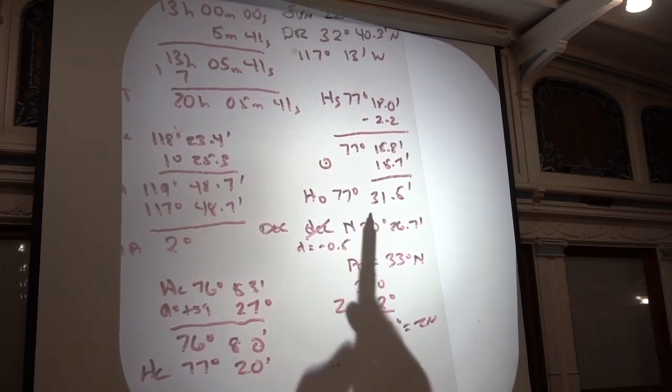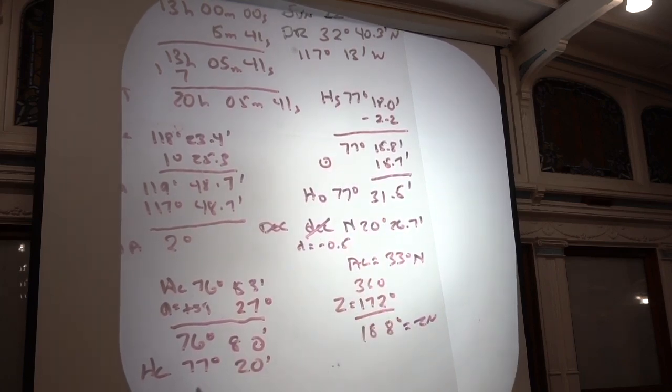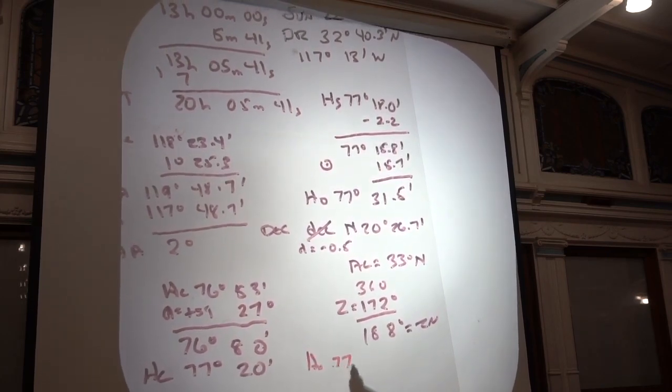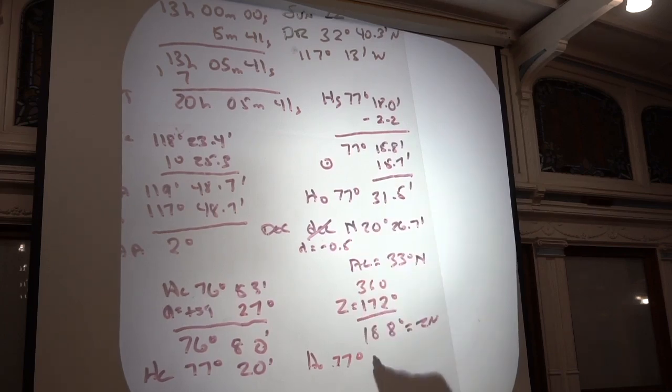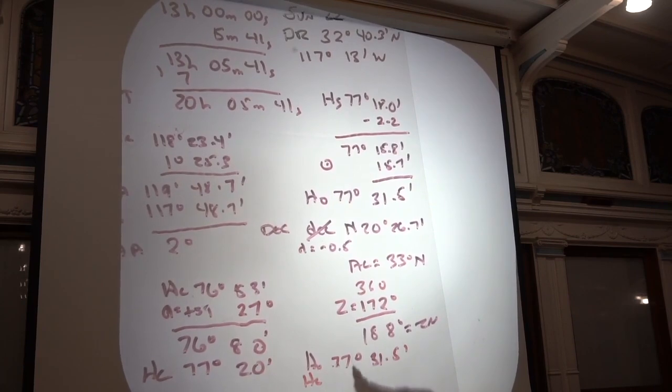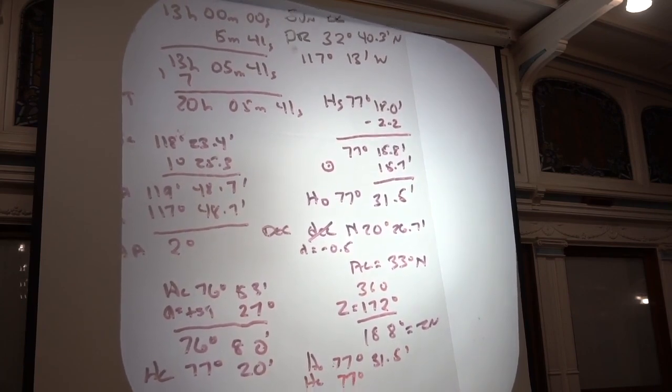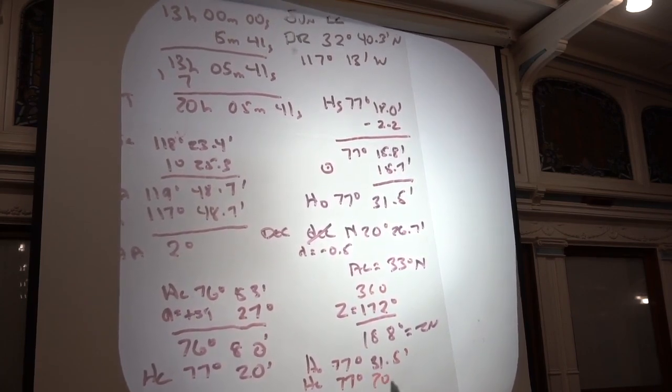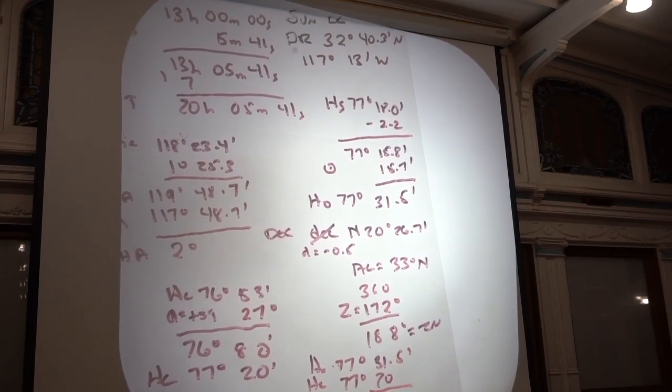So our HO is 77 degrees 31.5 minutes, HC is 77 degrees 20 minutes. From the HO we subtract the HC of 77 degrees, 20 minutes. We end up with a difference of 11.5 minutes. That's 11.5 miles.